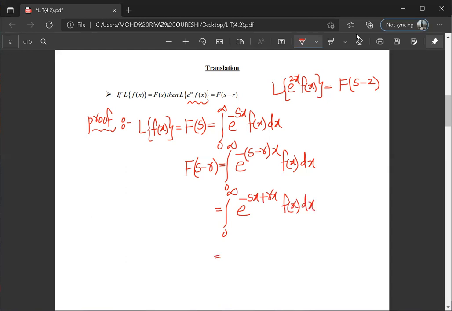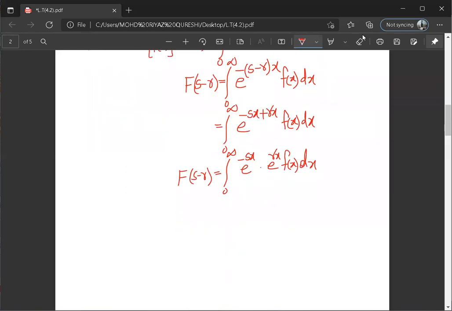Which is also equal to the integral from 0 to infinity; we can split the powers like that: e to the power of minus sx into e to the power of rx times f of x dx. When you split the power, do you need a separate integral? No need for a separate integral. Actually, I want to replace the value like this, you can see.